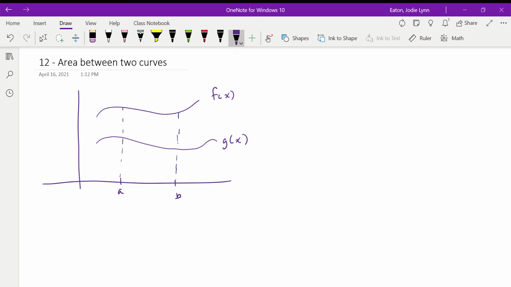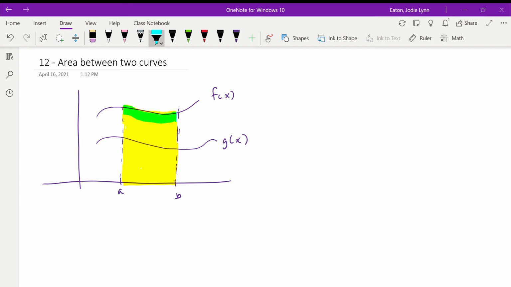And so let's say we want to find the area between the two curves. Well, let's see. If we were to find the area of just the curve under f of x, it would be this yellow area here. And what we want is to find the area that is under f of x but above g of x.